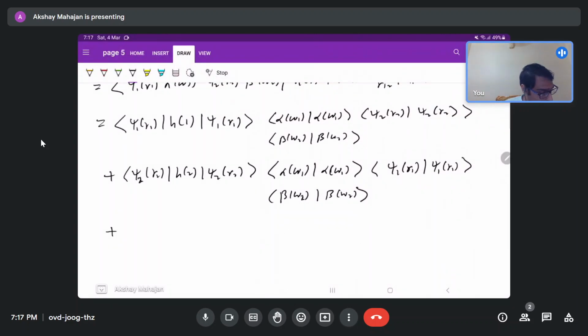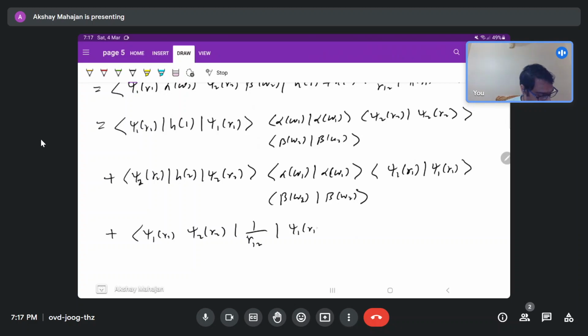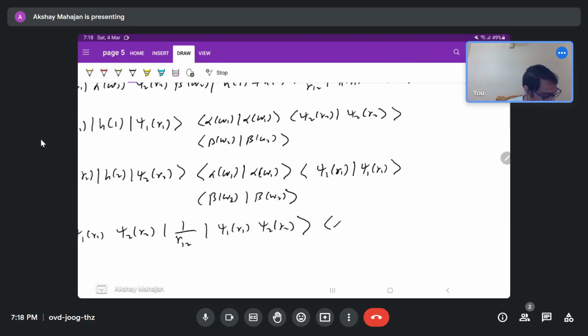And for r12, what we will have is psi1(r1) psi2(r2), because we have both electron coordinates. We have psi1(r1) psi2(r2). And this Hamiltonian has nothing to do with the spin coordinates.